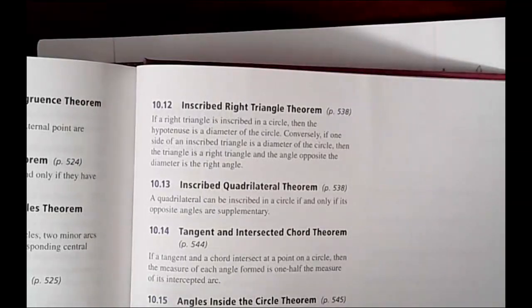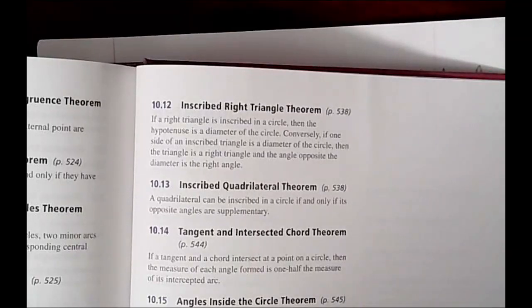Remember, all the angles in a quadrilateral add up to 360 degrees. So if that quadrilateral happens to be inscribed in a circle, its opposite angles have to add up to 180 degrees. They're supplementary.